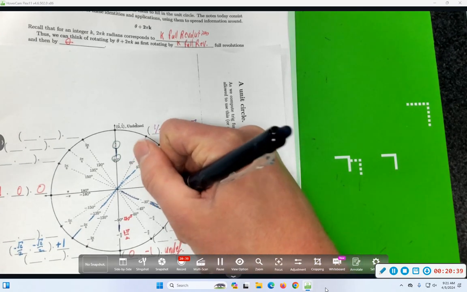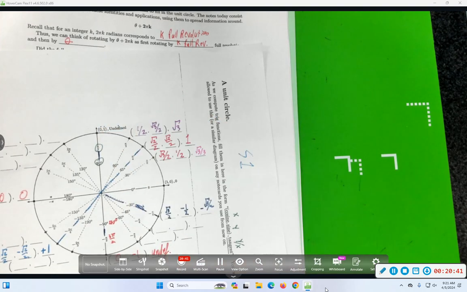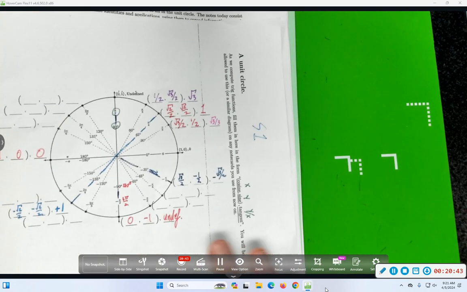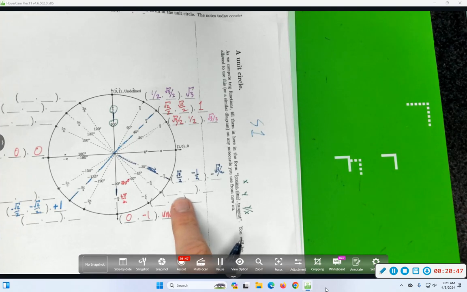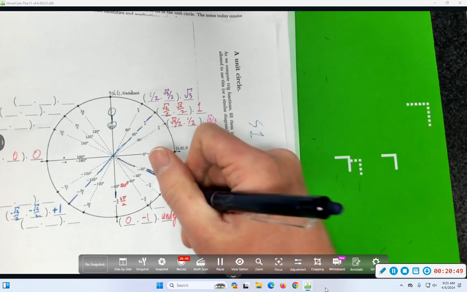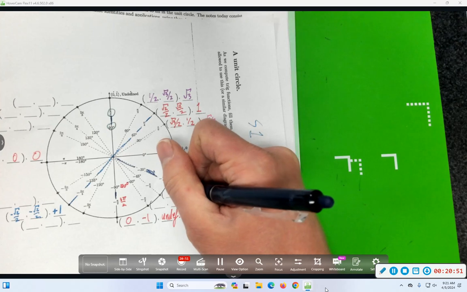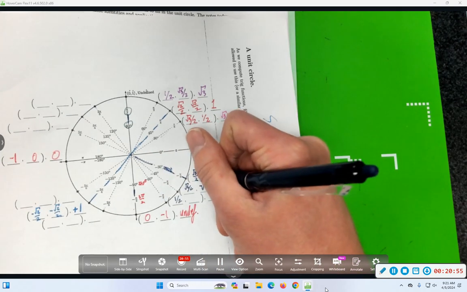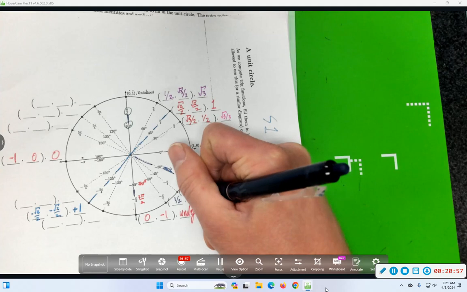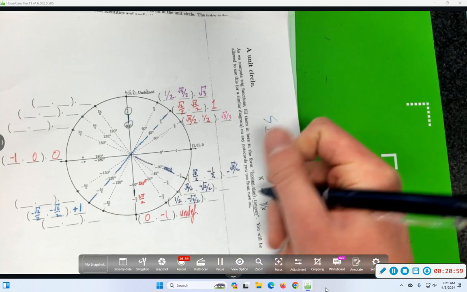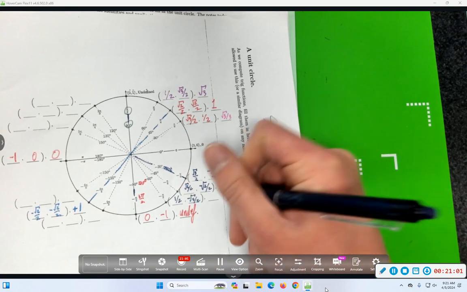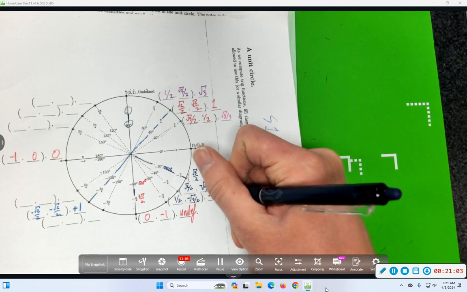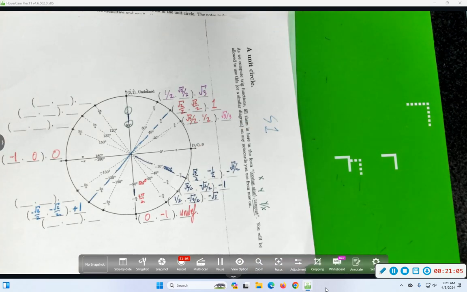This line has the same slope as that line, but it's going down instead of up. Fill in the other two, just as easy. X coordinate stays the same, so that'll be root 2 over 2. That'll be 1 over 2. Negative root 2 over 2. Negative root 3 over 2. Cool. Seem pretty all right?